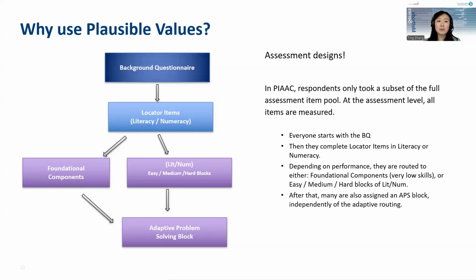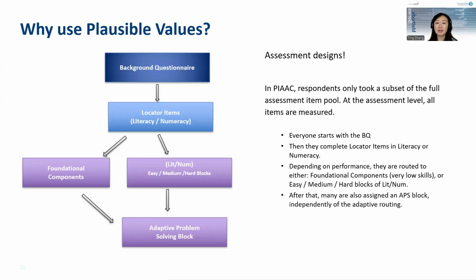Each respondent, first of all, took a background questionnaire. After that, they complete locator items in literacy or numeracy. Depending on their performance, they are routed to either foundational components or different levels of literacy or numeracy blocks.